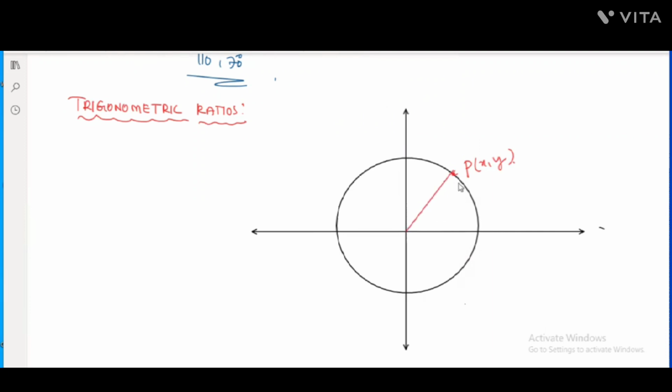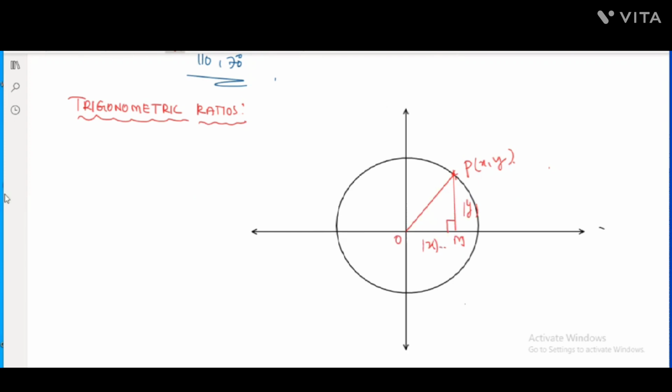This point P has x distance on the x-axis and y distance on the y-axis. If I draw a perpendicular from P to the x-axis, let's say this PM is mod y, since we are taking it as a distance.